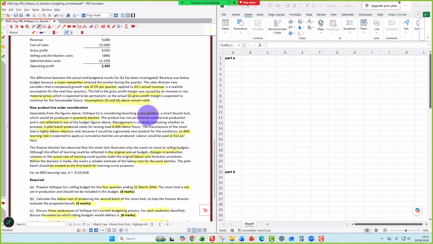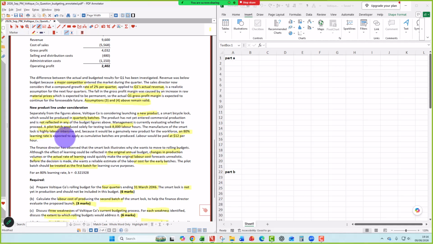So they're considering launching a new product which would be produced quarterly, and none of the information is reflected above. So it's a completely standalone question, completely separate to the budget question. They've done this pilot batch, which took 8,000 hours. It's highly labour intensive, which is what lends itself to a learning curve or a learning improvement in labour time because of the learning effect.